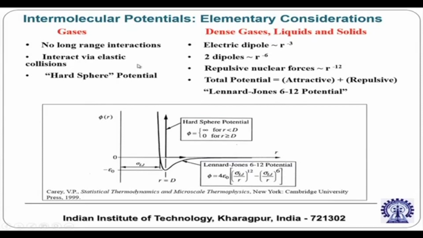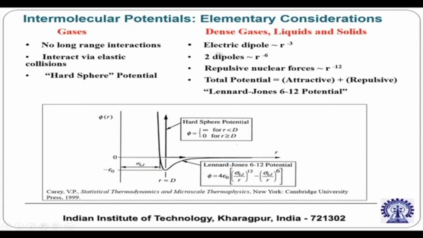So for gases you have no long range interactions and they interact via elastic collisions. So that means the hard sphere potential is not a bad choice, mainly for non-dense systems.